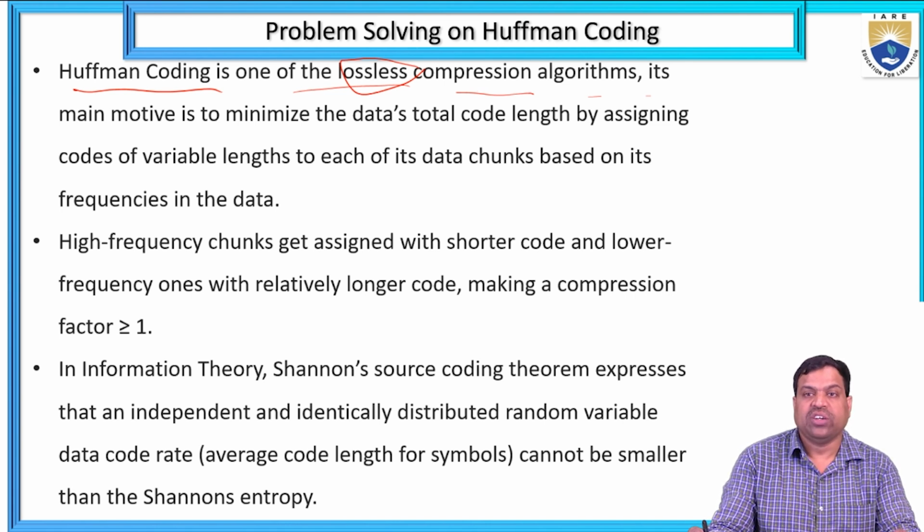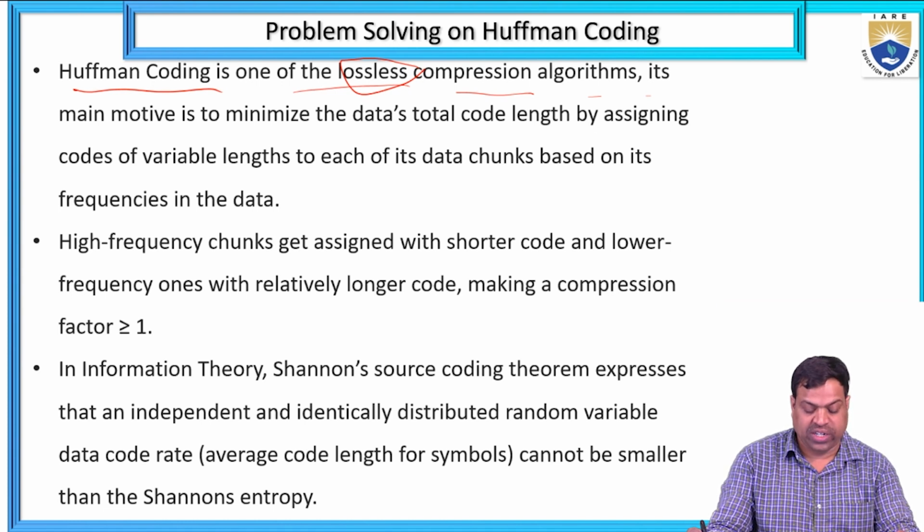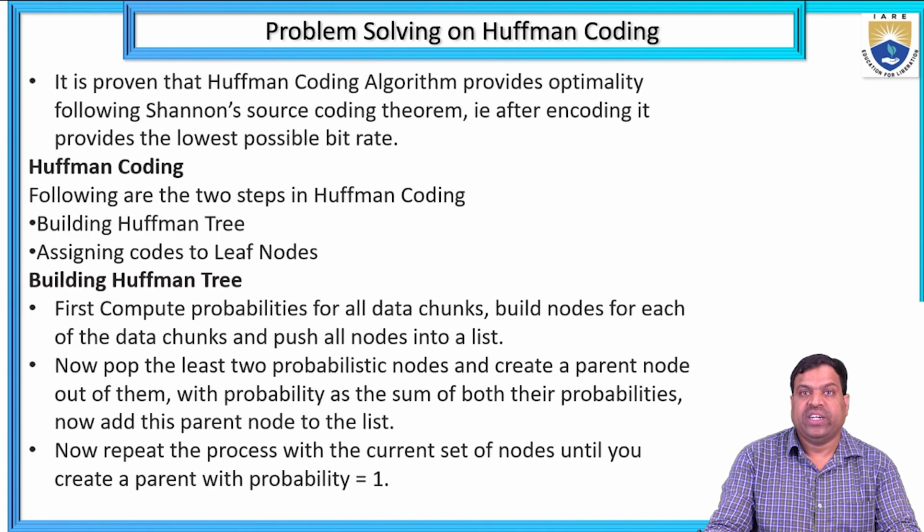But in information theory, Shannon's source coding theorem expresses that for an independent and identically distributed random variable, the data code rate, the average code length for symbols, cannot be smaller than the Shannon entropy. But it is proven that the Huffman coding algorithm provides optimality following Shannon's source coding theorem. That is, after encoding, it provides the lowest possible bit rate.